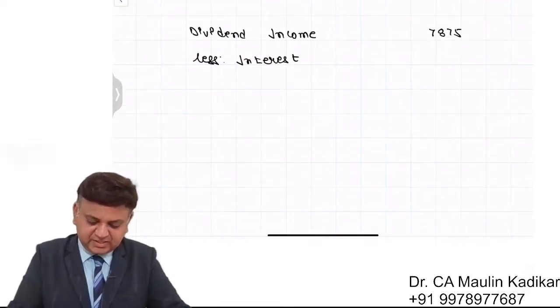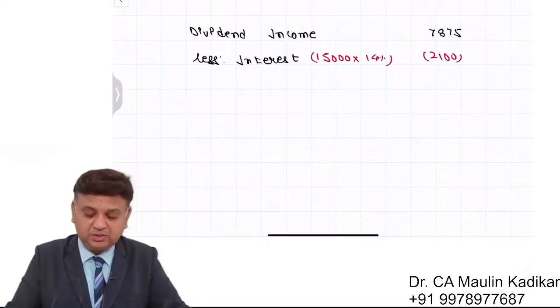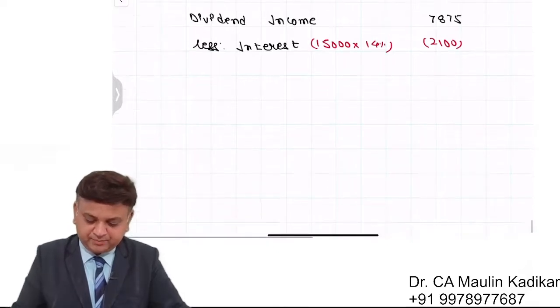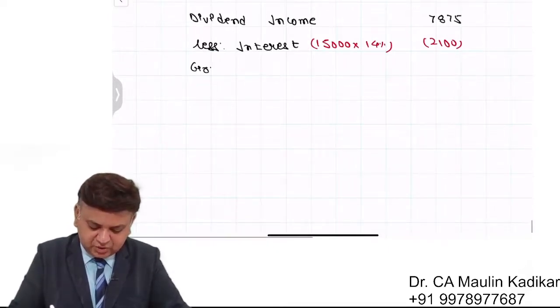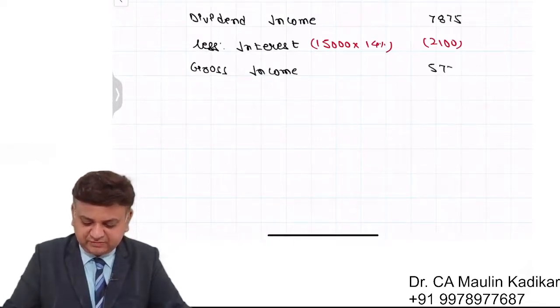We understand that Mr. X has borrowed 15,000 at the rate of 14%. So 2,100. The difference of both of them is the gross income. Gross income is 5775.